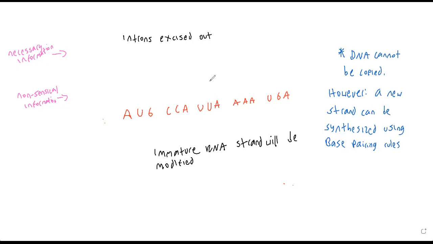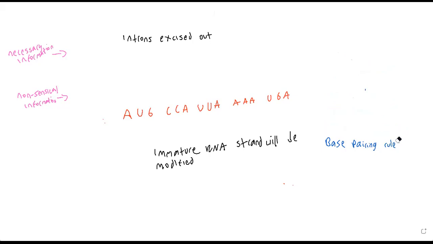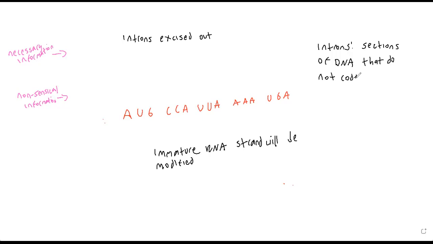DNA has 2 sections to it: exonic regions and intronic regions. Let me write this over here. So introns are sections of DNA that do not code for proteins.